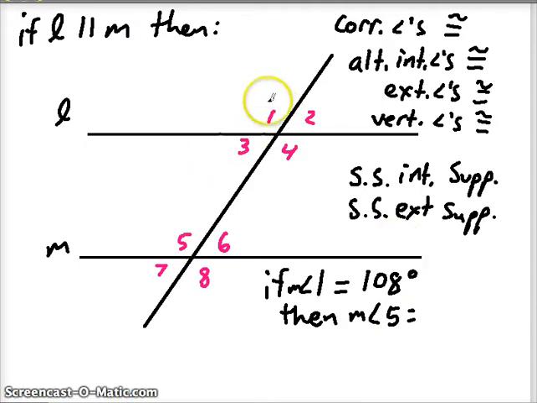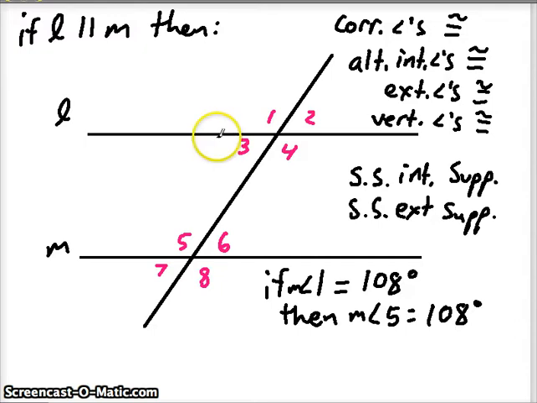You always look at the two angles that the question is asking about. Think about their relationship. What type of angles are 1 and 5? Well, 1's in the top left corner of line L. 5 is in the top left corner of line M, so they are in the same spot, different line. They're corresponding angles. Think about what the properties of corresponding angles given two parallel lines are. Well, they're congruent, they're equal. So if 1 is 108 degrees, 5 has to be 108 degrees.